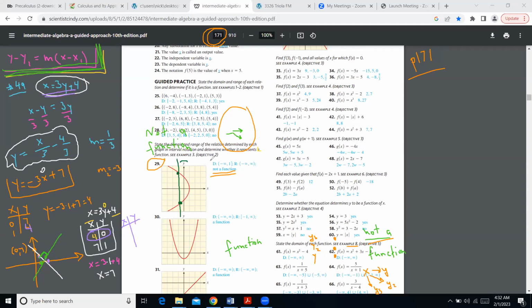Here they also tell you what the domain is, and it looks like the domain is everything on the x-axis, because our function relates the x-axis with the y-axis, or sends numbers from the x-axis to numbers on the y-axis.